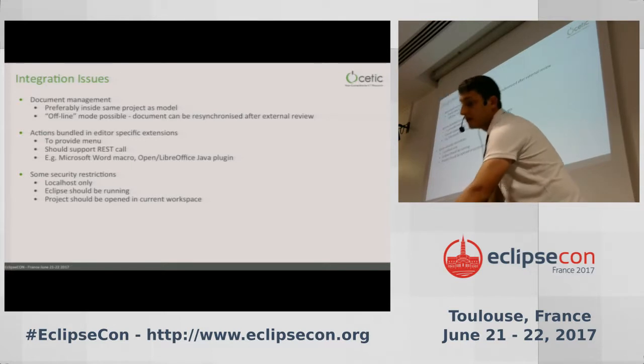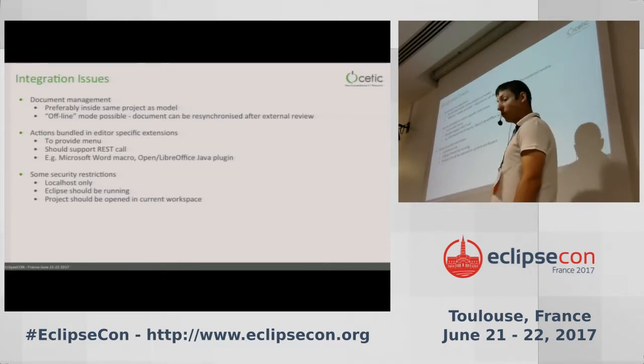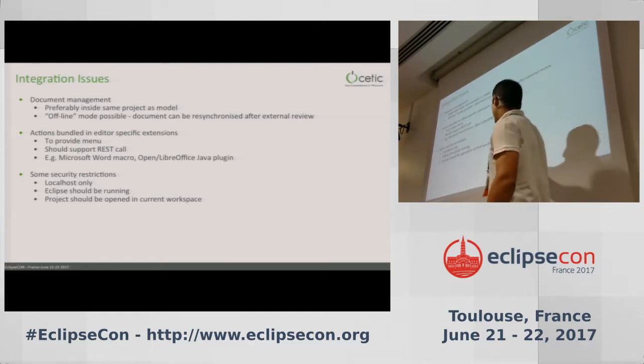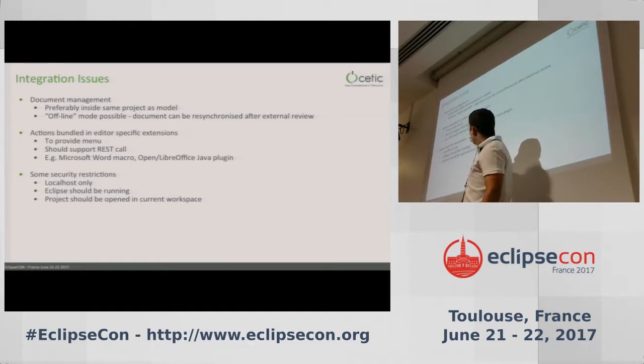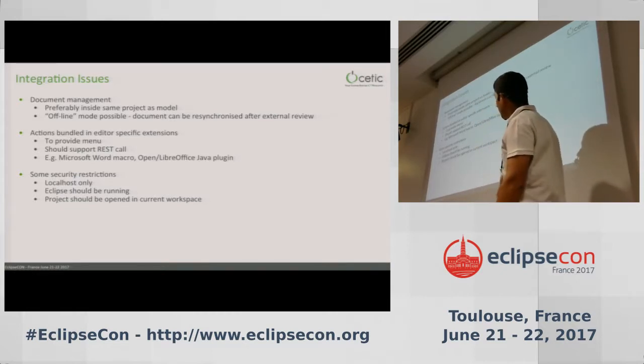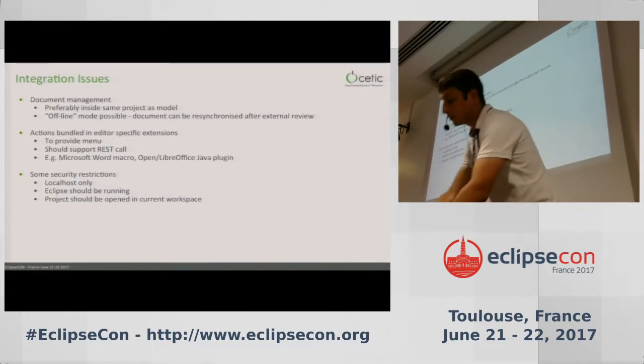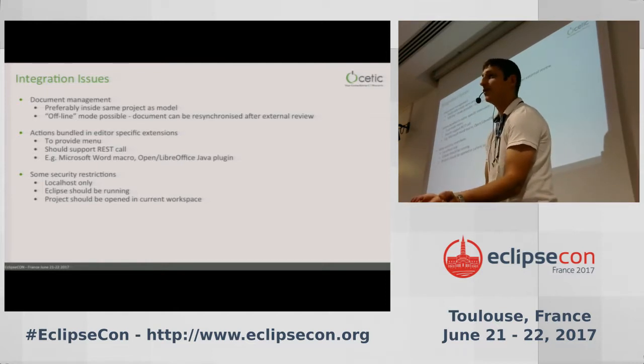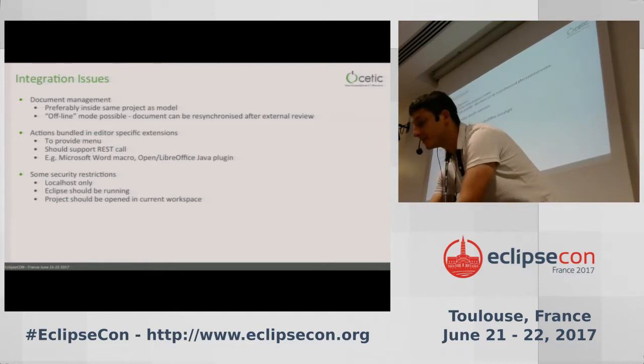We need to provide a contextual menu. I'll show you in the demo, and there are some restrictions for now. It's just localhost. Eclipse should be running, the project should be open in the current workspace, and an editor on the model needs to be open too.